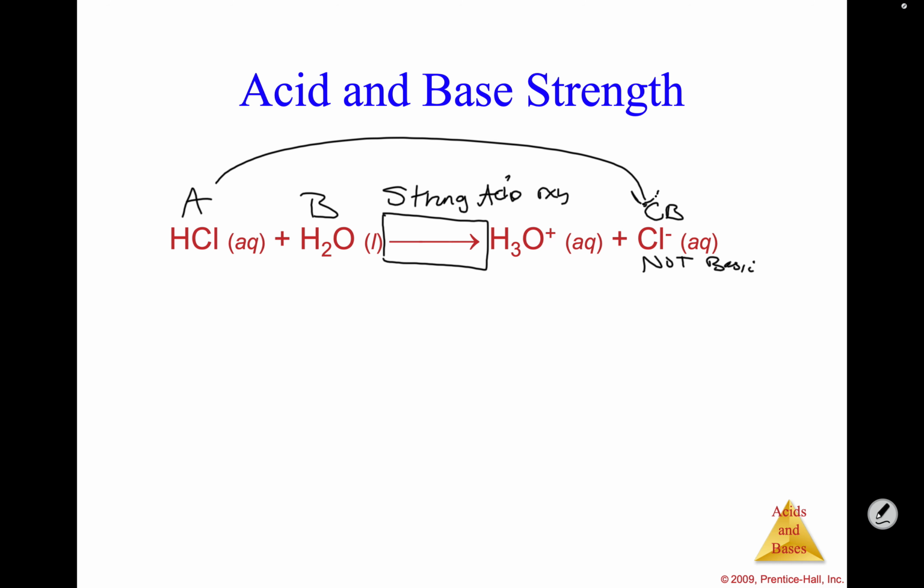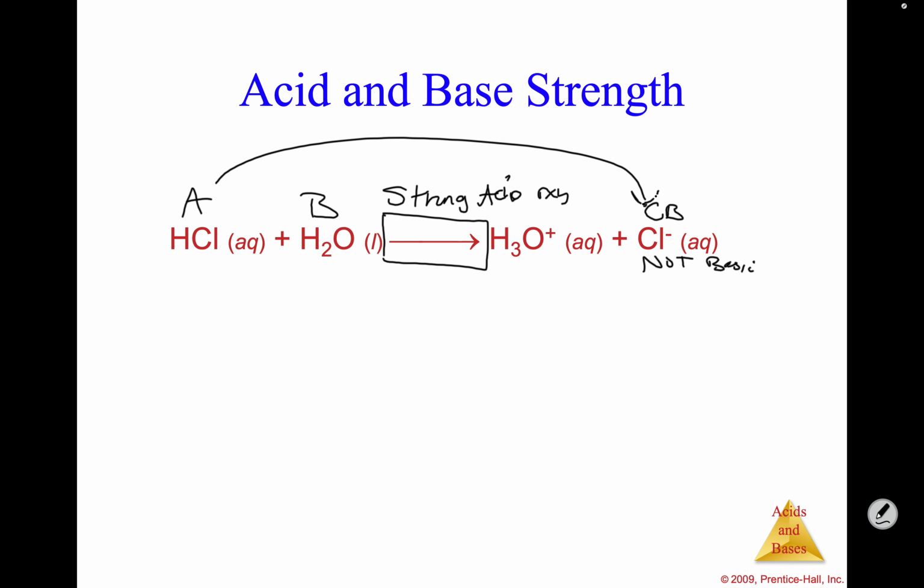Strong acids dissociate 100%. Why do strong acids dissociate 100%? Because the products of that dissociation are really, really stable. Meaning H3O plus hangs out and Cl minus hangs out and is not reactive. If it was reactive, it'd try to go back and make more reactants and shift the other way.